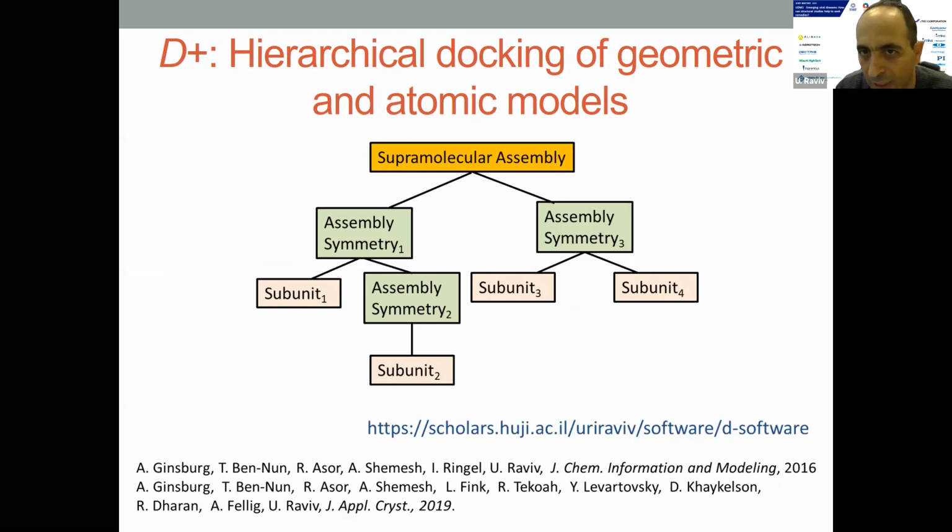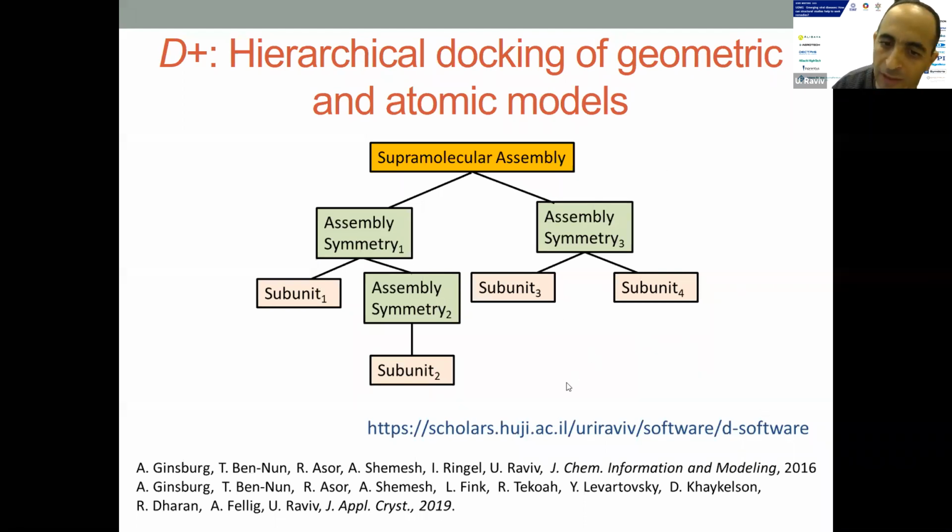It's called DPLUS, where we could dock subunits in a hierarchical manner and describe the assembly symmetry of each subunit. So the dimer, for example, can be docked into the icosahedral assembly symmetry of the virus, the capsid. And in that way, we essentially can model any structure, because we can do it in a hierarchical way with multiple subunits.